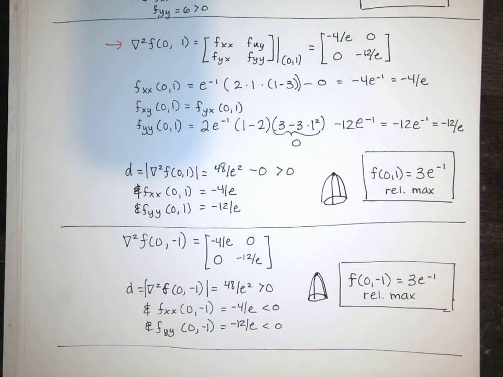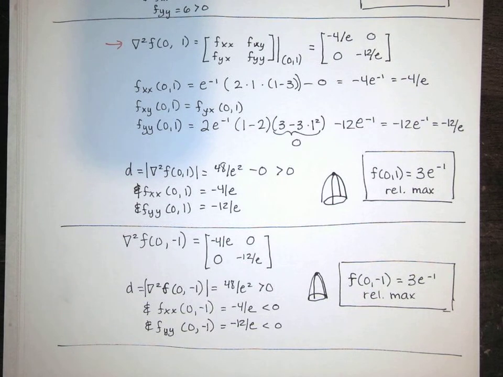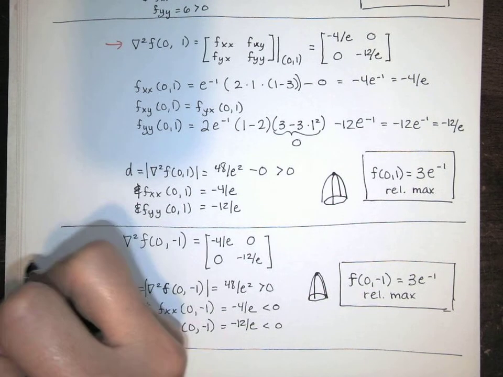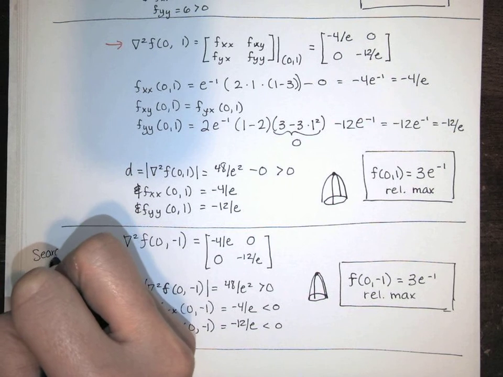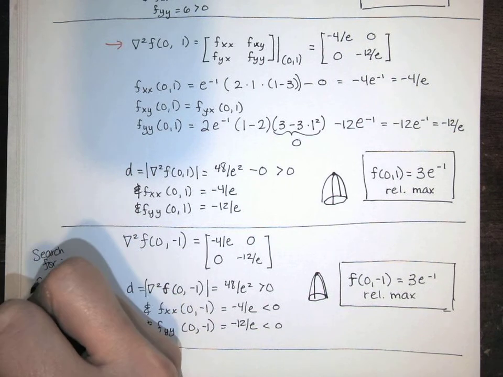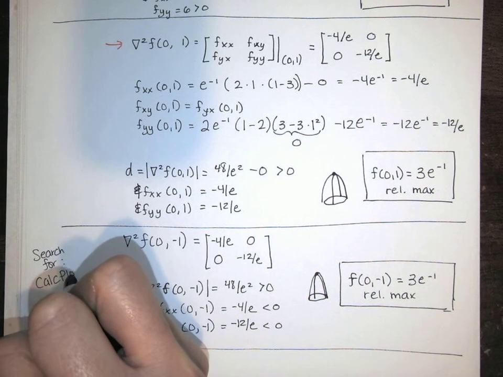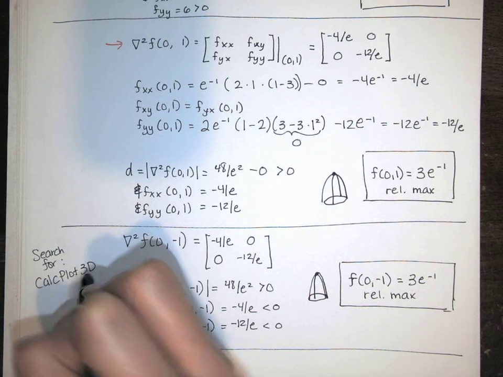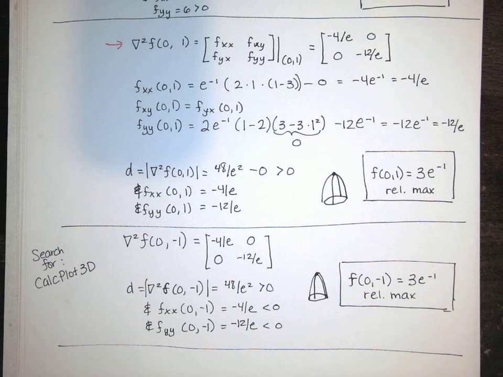This is actually a really cool looking function. I've got a model of this that I show my students in class. If you go to CalcPlot3D, search for this online, and then just plot this function. Graph it there. Just mess with the little app. I say little app. It's a big app. It's kind of a big deal.